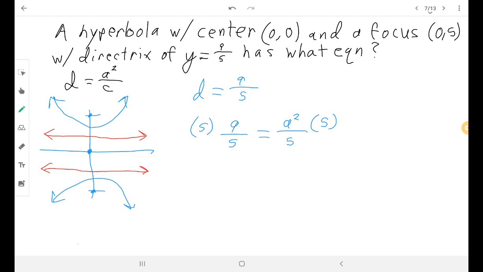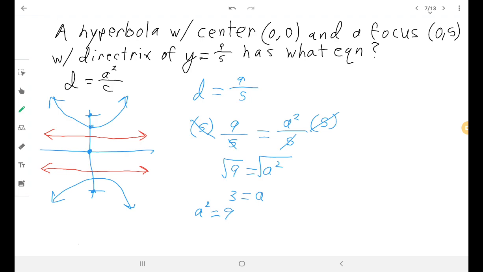Then I'm forced to multiply by 5 over here. That'll cancel them. That is 5 divided by 5 is 1. And then 5 divided by 5 is 1, so these cancel also, and I get 9 equals a squared. Then I take the positive square root because we're talking distance here, and so that a distance is 3, although you could argue that knowing the a squared value is more important here.